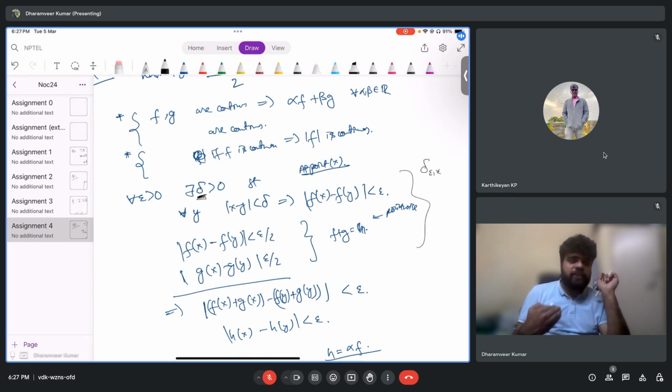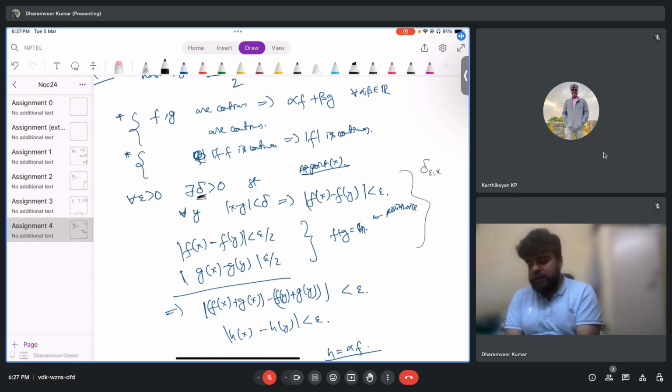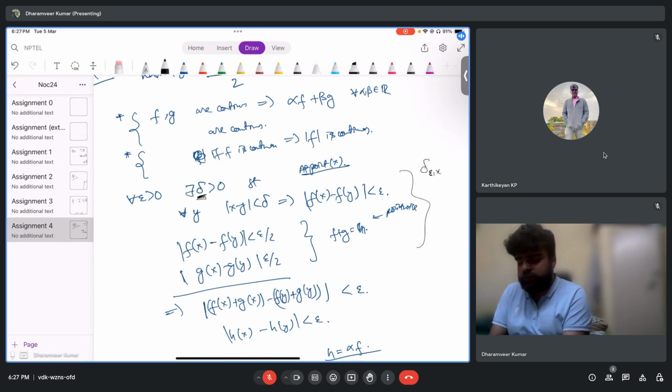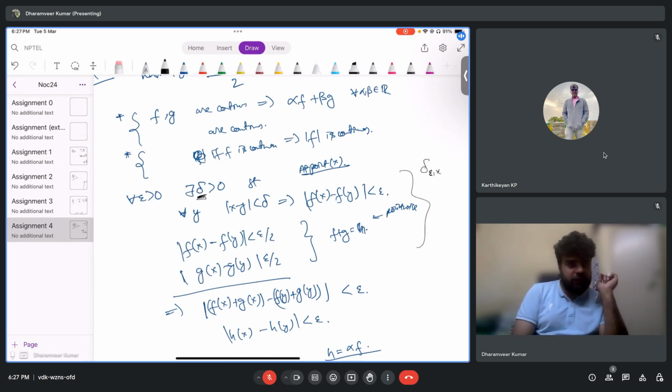And when you say a function is continuous, it's continuous at all points. So you give an epsilon, and this delta changes depending on which point you are checking the continuity from. This delta that you will find changes from point to point.